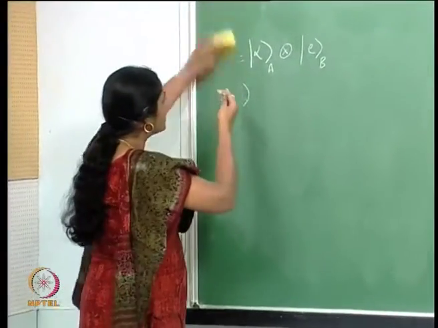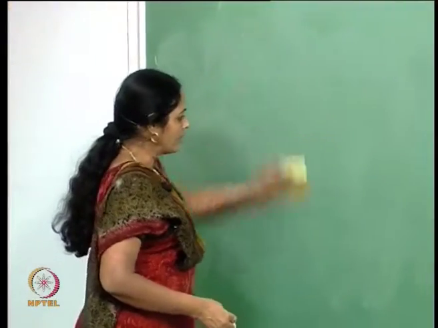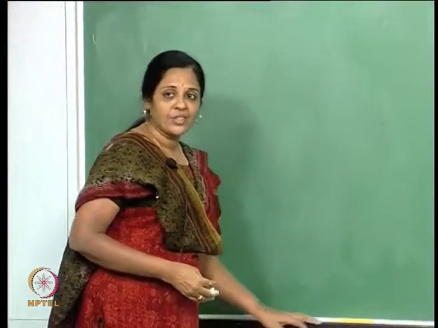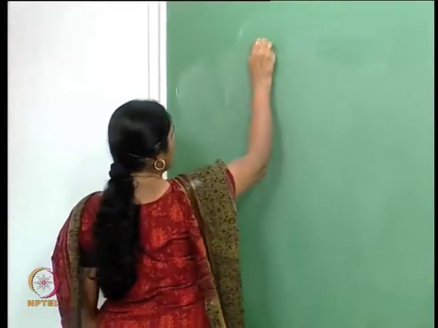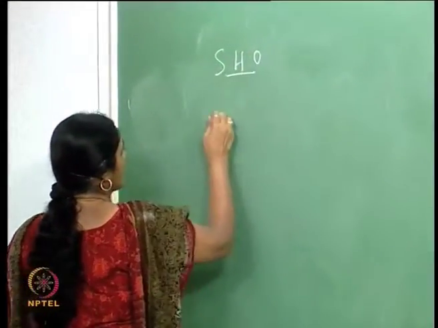So, therefore, bearing this application in mind, which I will look at in subsequent lectures, I now wish to do another example, not the particle in the box, but the simple harmonic oscillator.